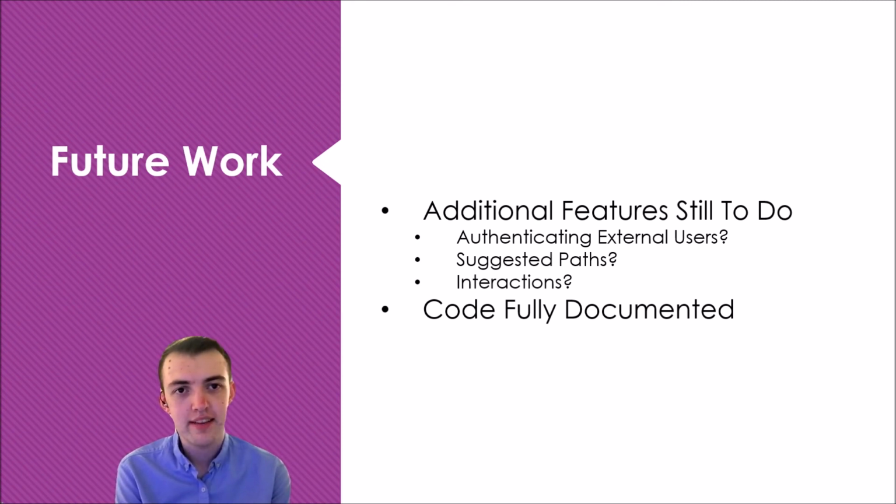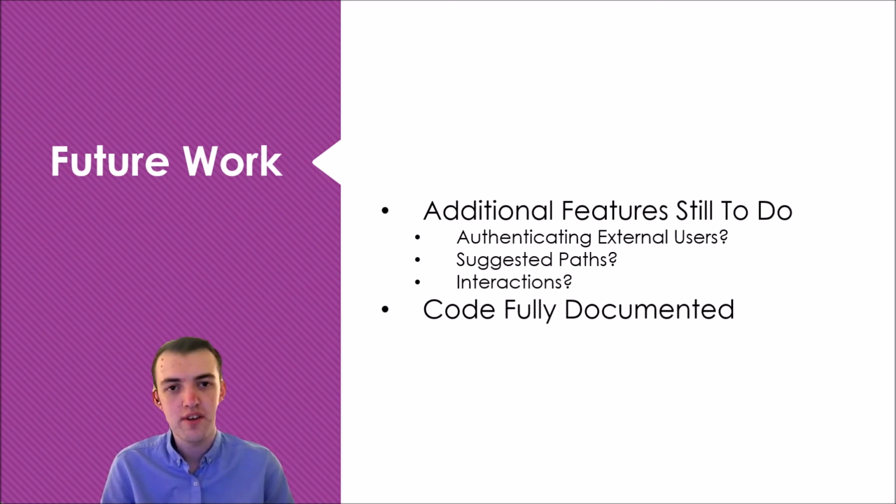Going forward, we would like it to be accessible to everyone, although it would mean that we have to design our own customised login service. This presents many issues in the form of data protection controls and also general security, and under the time constraints that we had, it was not possible. Although we do hope that a future user, or future group of users rather, will be able to develop this further and complete it fully.